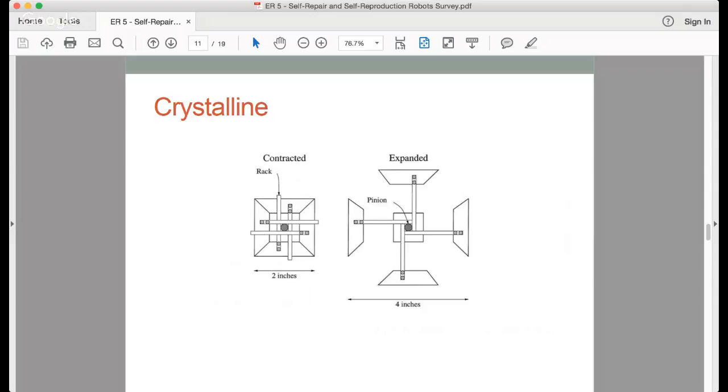The strategy to move the dead module to a place where it will simply fall off the robot when released by any attached live module depends on the design of each Crystalline module that you can see in the diagram here: expansion and contraction. So the modules will expand and contract in order to push this dead module and then eject it.